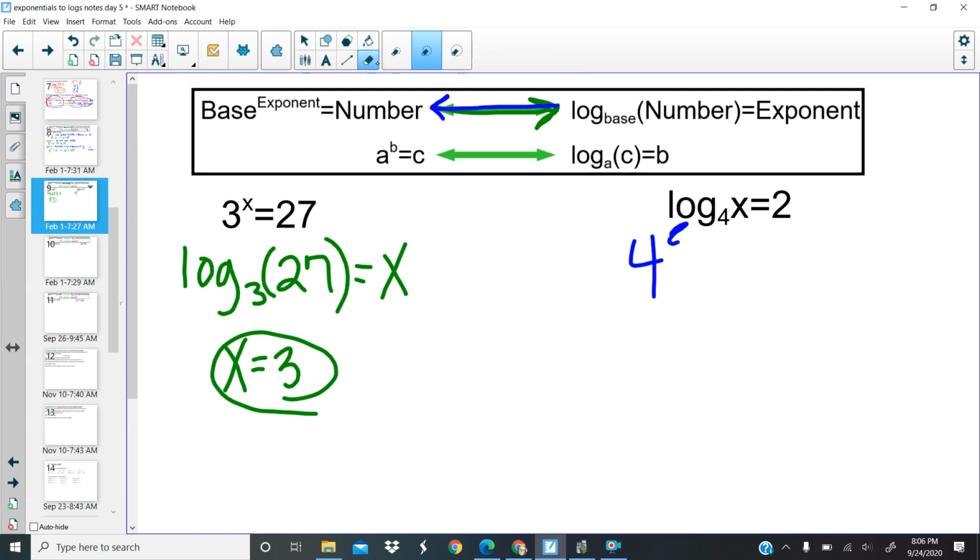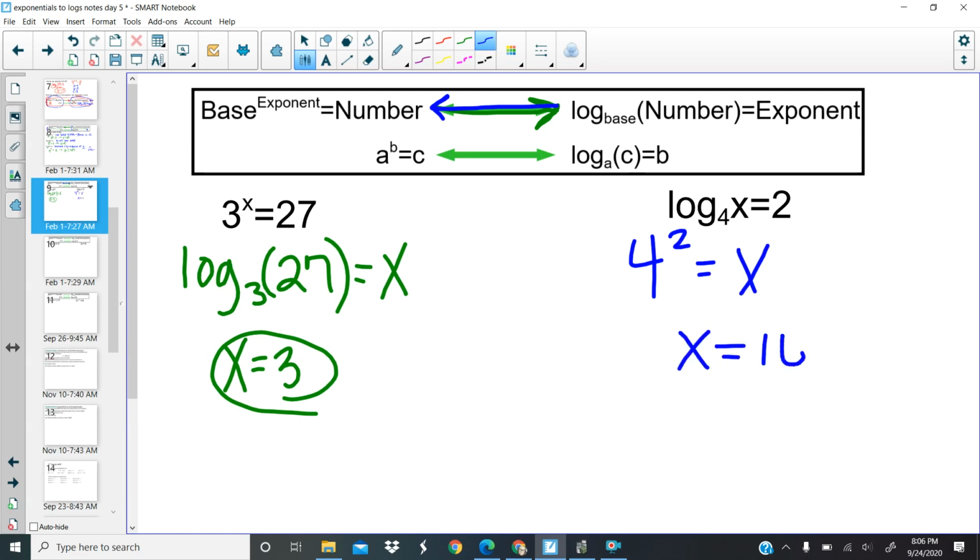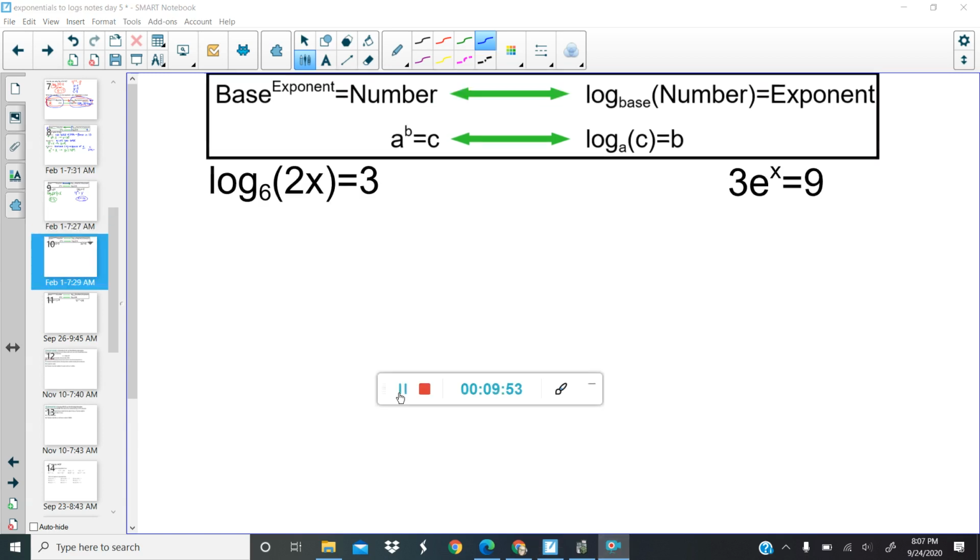So the exponent is going to be that 2, and it's going to equal whatever the number inside the log is, which in this case is x. So that gives us x equals 4 squared, and 4 squared is 16.